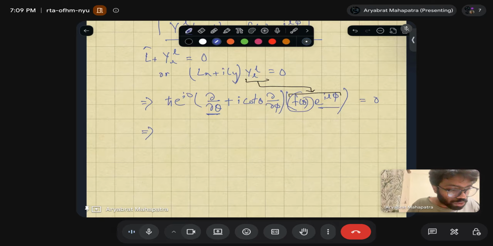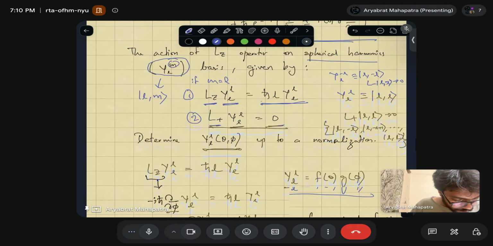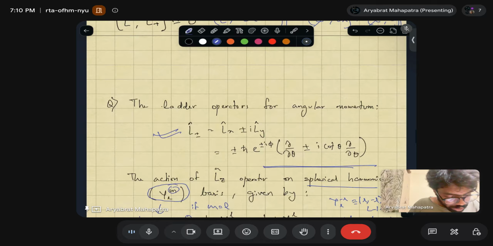It will not act on the exponential, which you can treat as a constant. Let me check whether it is I phi or I alpha. Yes, it is I phi.